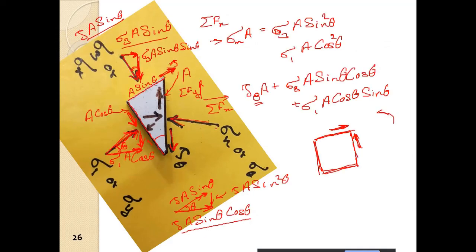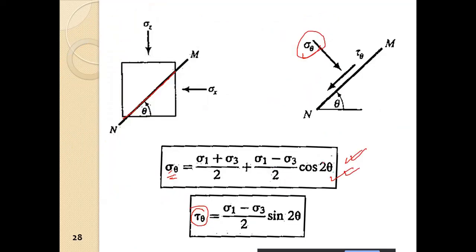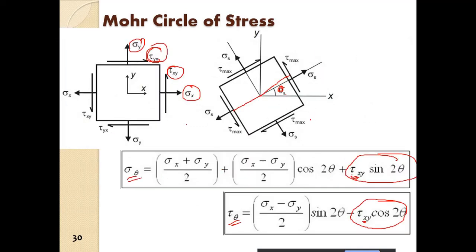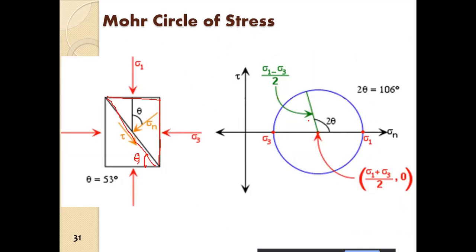We take help of force equilibrium, and we ultimately find sigma theta and tau theta. We see that sigma theta, the normal stress on the inclined plane, is a function of the inclination of the plane as well, considering sigma 1 and sigma 3 acting on the planes here. That part you have to understand and visualize.